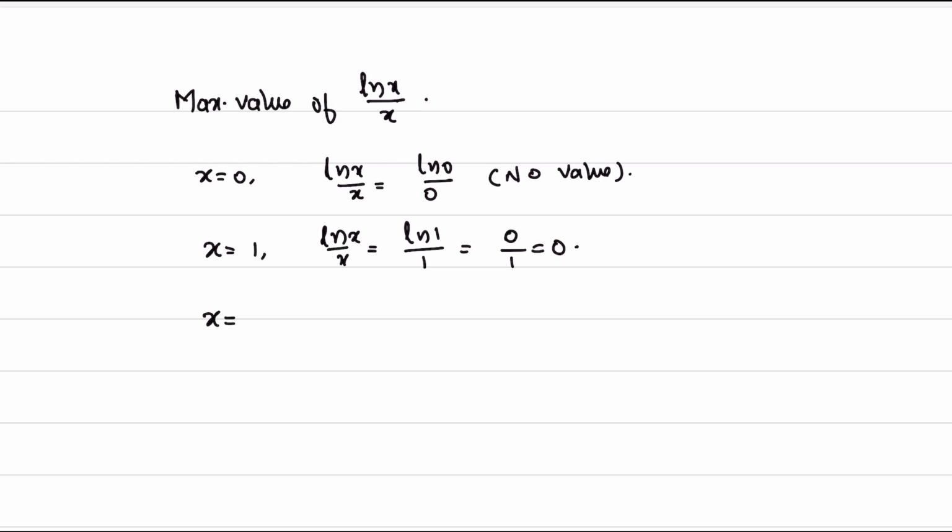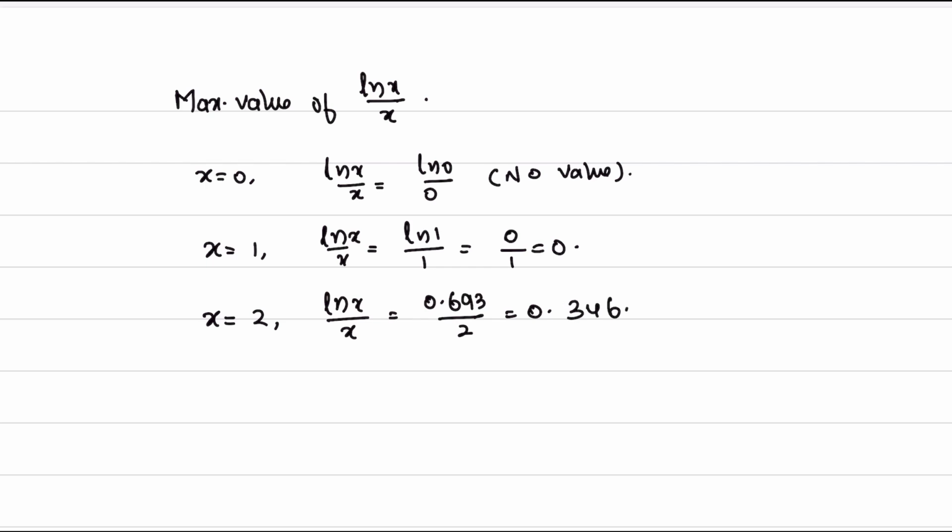When x is equal to 2, ln x by x is equal to 0.693 by 2. It's around 0.346.